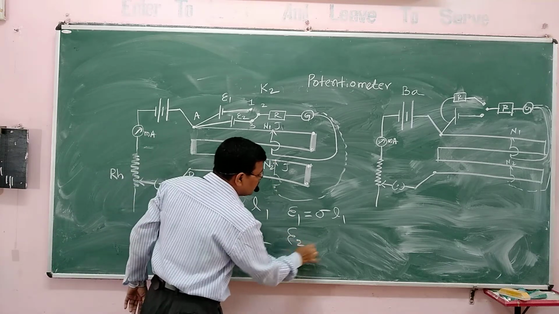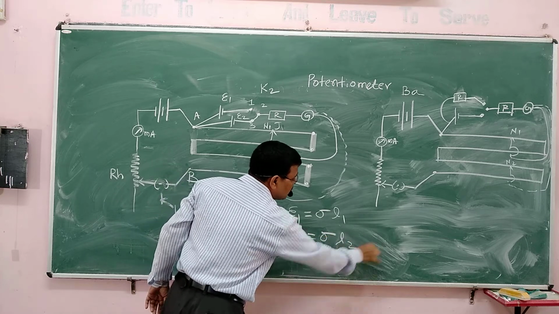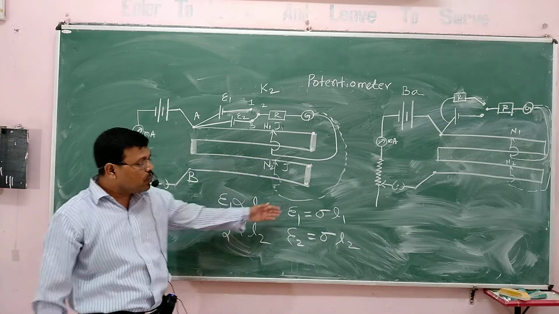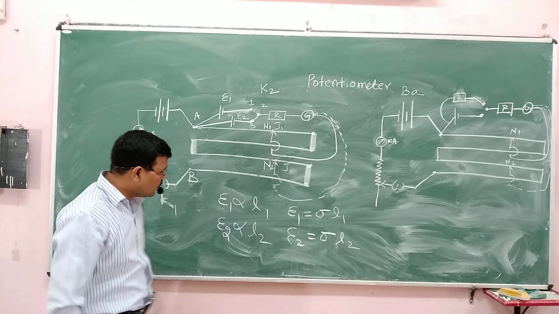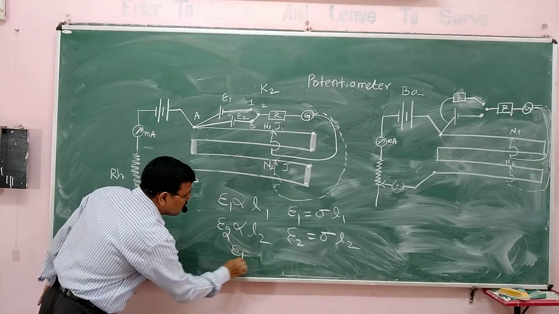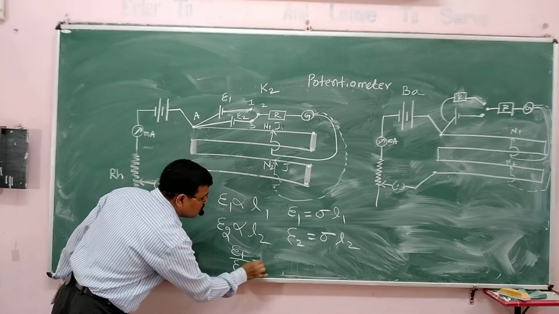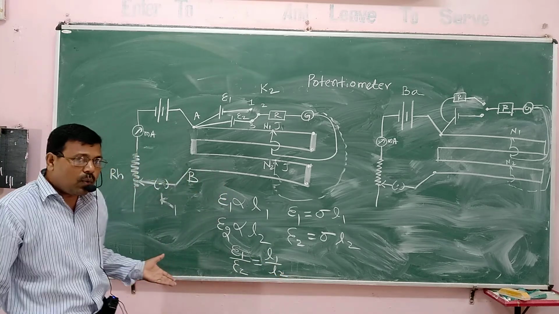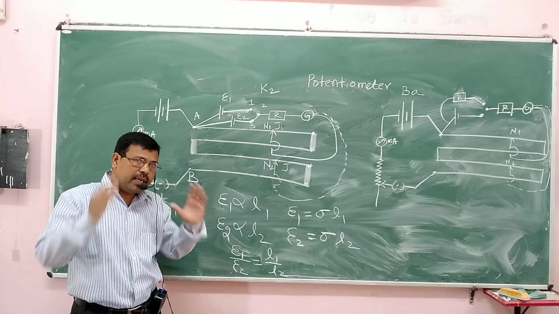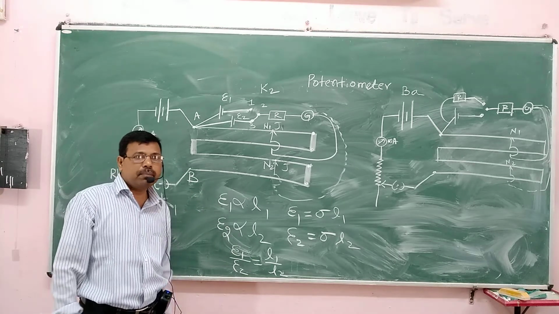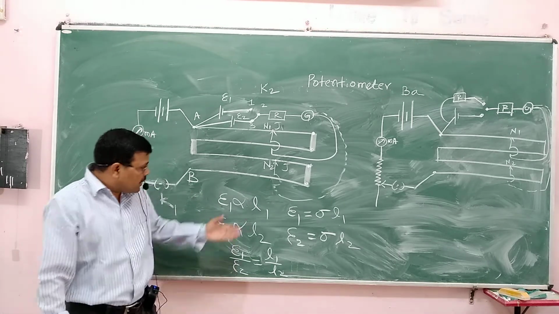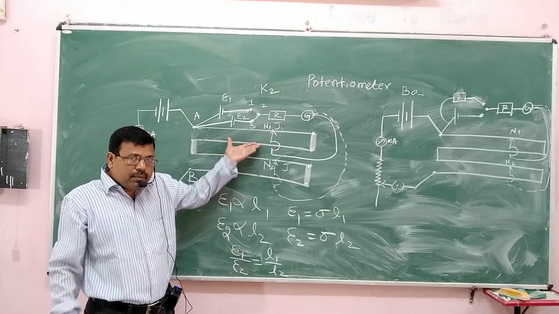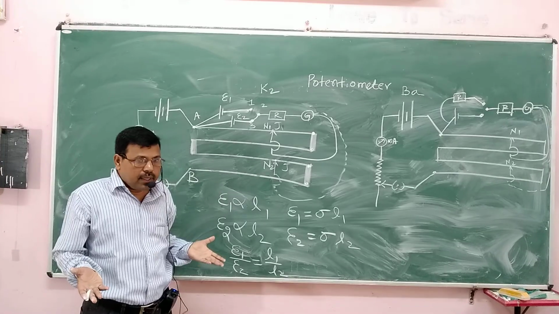Then E2 is equal to sigma into L2. Dividing 1 by 2, we get E1 divided by E2 is equal to L1 by L2. This is how we compare EMFs of two given primary cells. Greater the balancing length, greater would be the EMF.